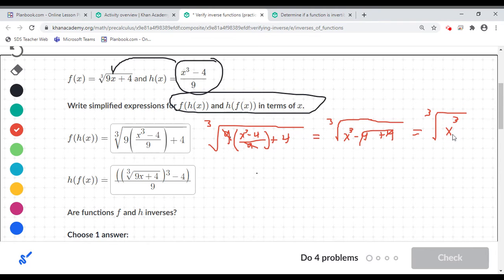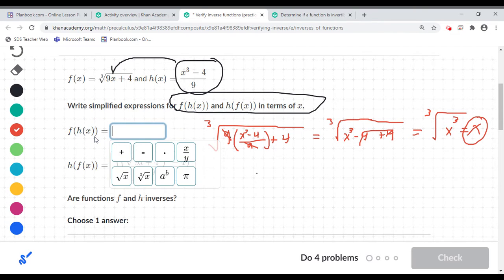So everything is undoing everything. This was divided by 9 and times 9 now. This was minus 4, and that's plus 4, and this is cubed, and that's a cubed root. But the thing we have to watch for is the order in which it occurs. Now, if I did it right and I get x for this, and all of that is correct, then yeah, it's going to be invertible.